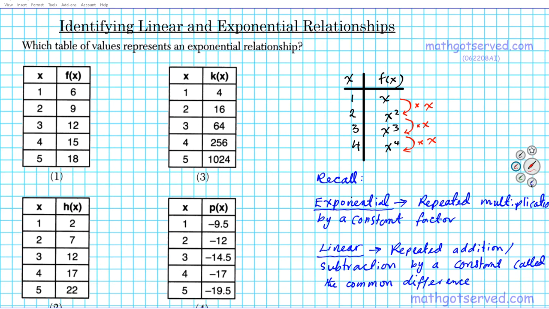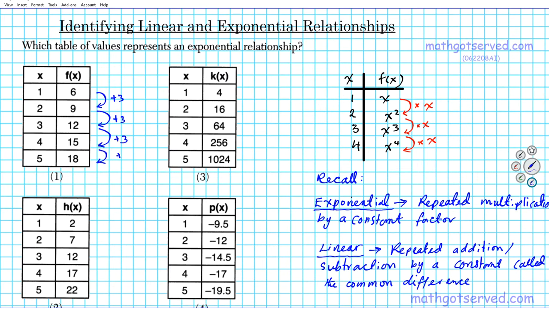So let's try addition to see. So from 6 to 9, what if we add 3? Does the same common difference hold for other output terms? Well, let's see. What is 9 plus 3? It's 12. Oh, looking good. 12 plus 3, 15. Perfect. 15 plus 3 is 18.